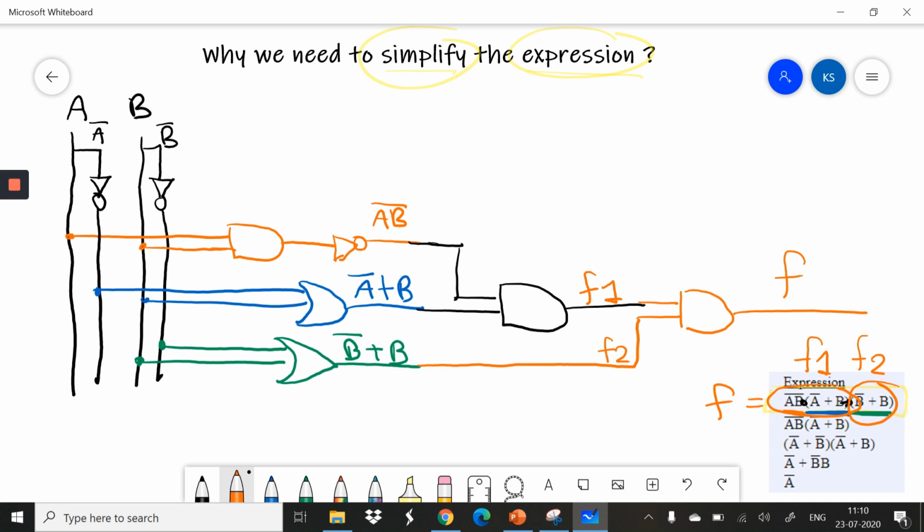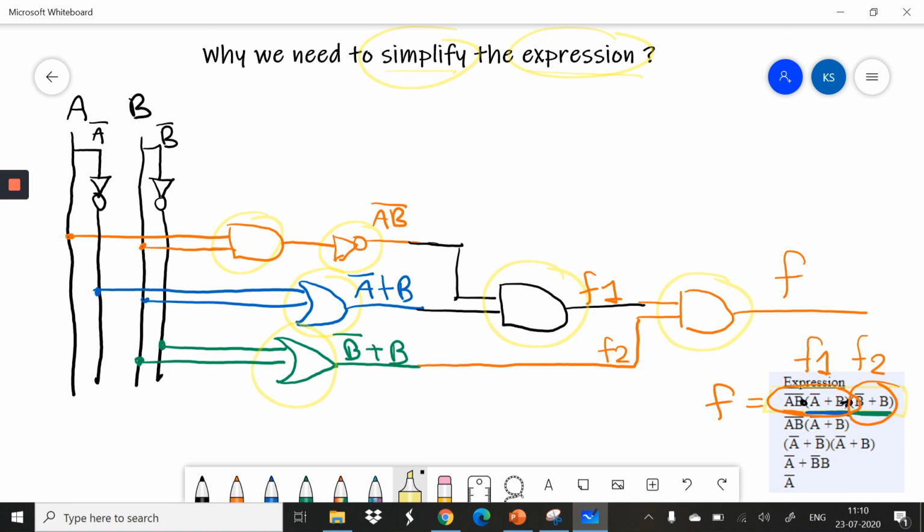Now as we can see on the screen, after drawing the logic circuit for the given expression, how many total gates do we have? 1, 2, 3, 4, 5 and 6 gates, and we also have a number of buses of different lengths.